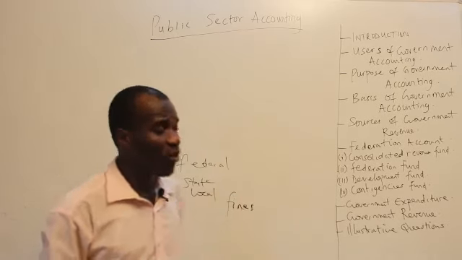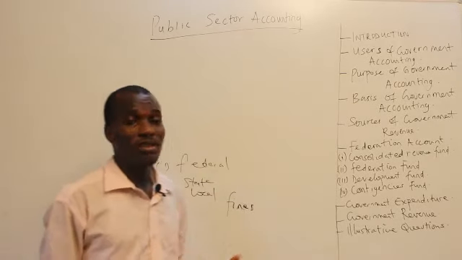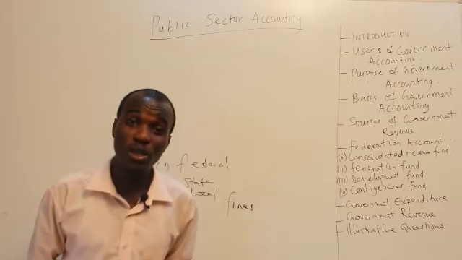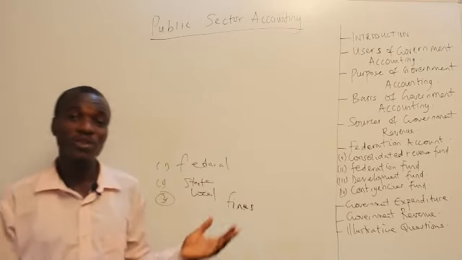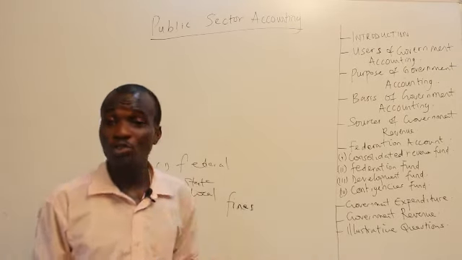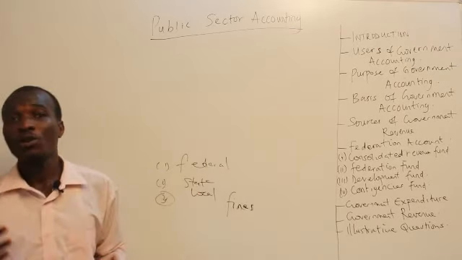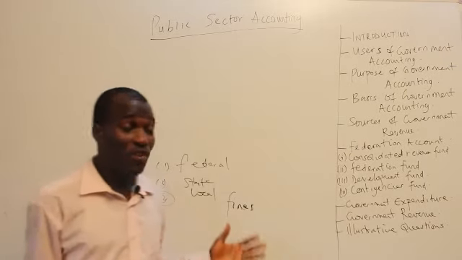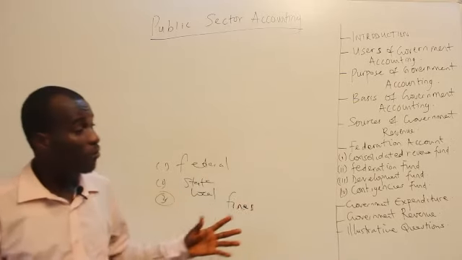Then we have the development fund. This fund is formed for development projects of the government. All of the capital projects made by the government are taken from this fund. Some money is put into this fund to enable the government to develop the economy of the country.